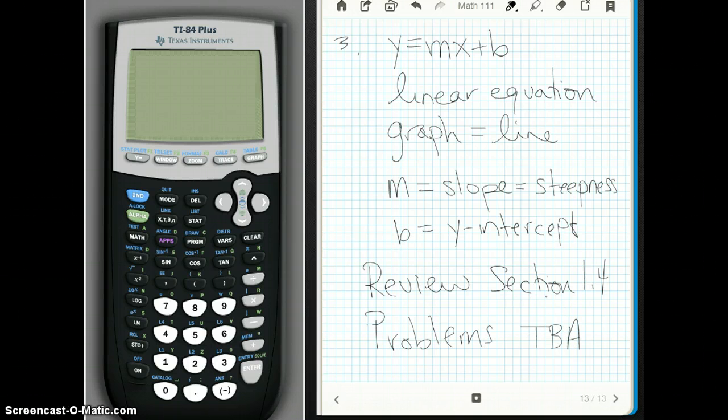Be sure to ask me for those, just in case I don't get them to you at the beginning of class, in case it just slips my mind because we're so excited about starting problems. But I have some review problems for you for section 1.4, which covers just linear equations, just lines. So if you feel like this is something you're weak at, it would be a great idea to look over this section right here, and I'll get you some problems for that.